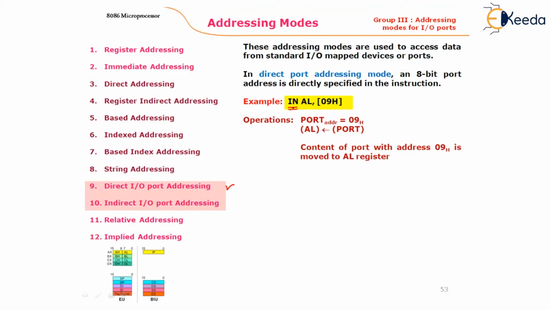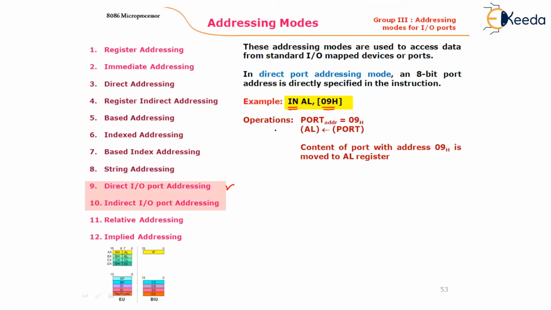When you use IN, a character will be transferred from the input device to the accumulator lower byte. For that, the port address must be specified. What is a port address? A port address is an address to which the keyboard, the actual peripheral device, has been connected.